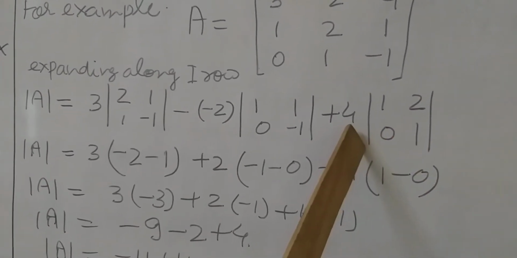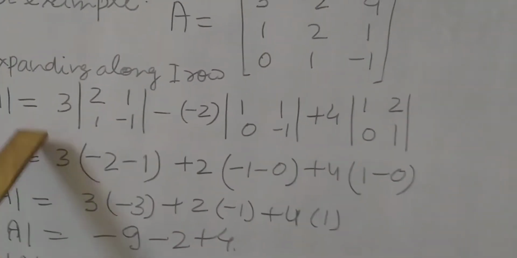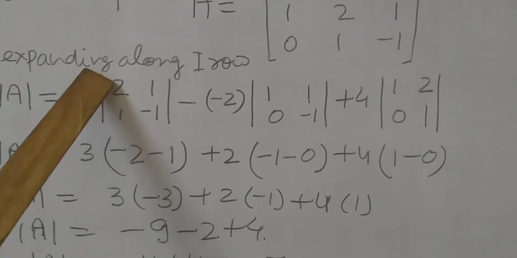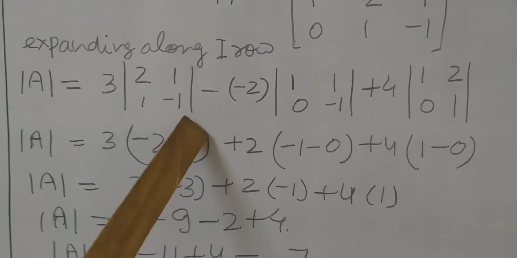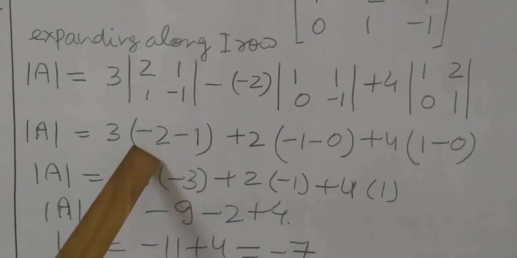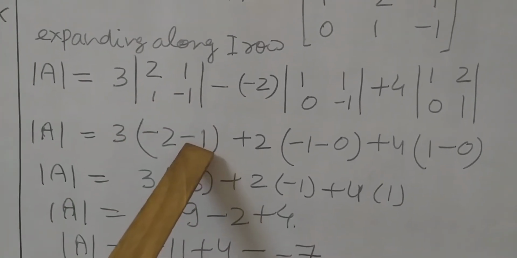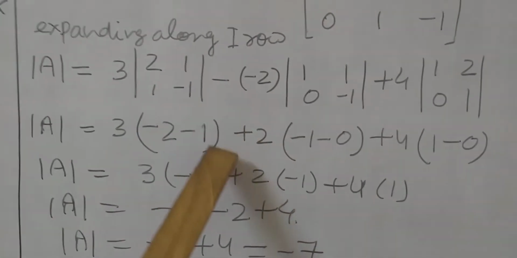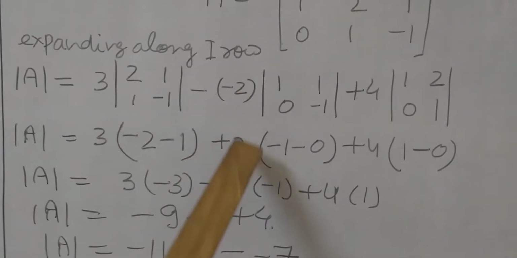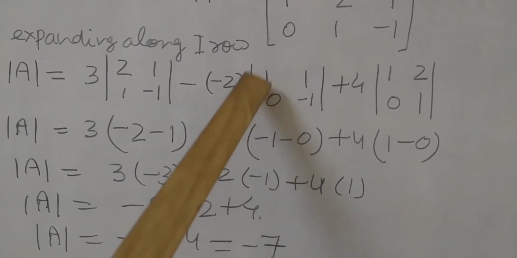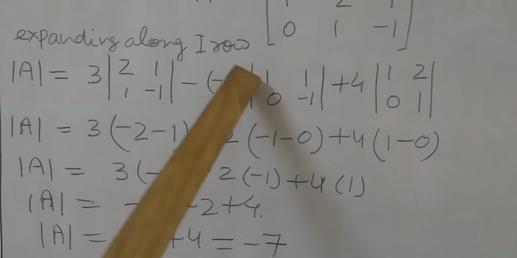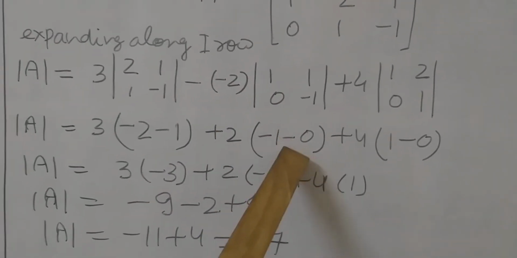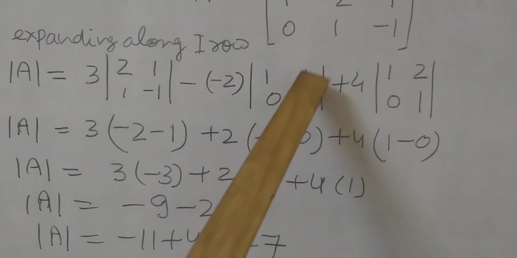Now do the calculation, student. So 3 will come as it is. Its determinant: 2 minus 1, 2 into 1 minus 1 into 1. Minus minus plus, student, plus 2, 1 into minus 1 minus 1, minus of 0 into 1.